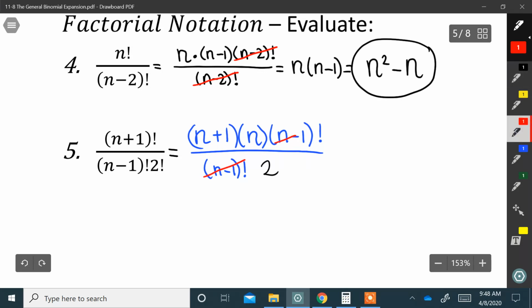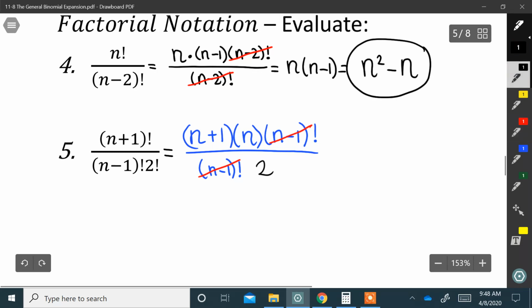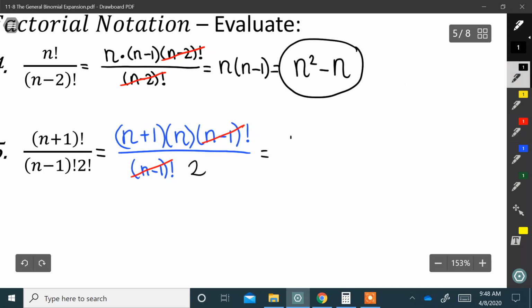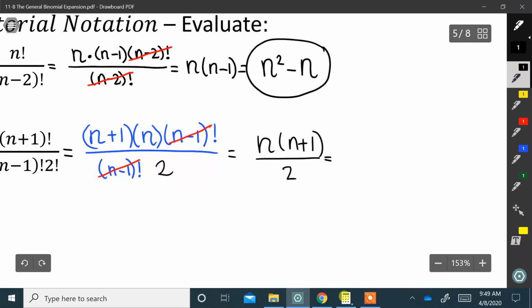Then this and this are going to cancel. We're going to end up with n times n plus 1 over 2. We could leave our answer like that, or we can write it like this.